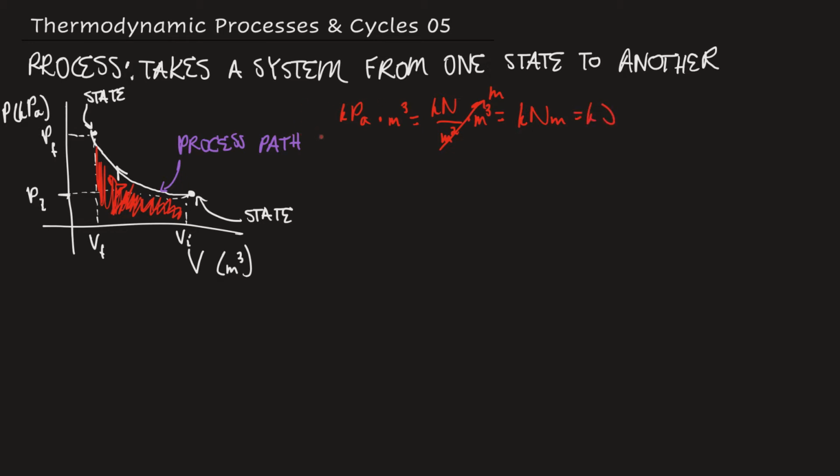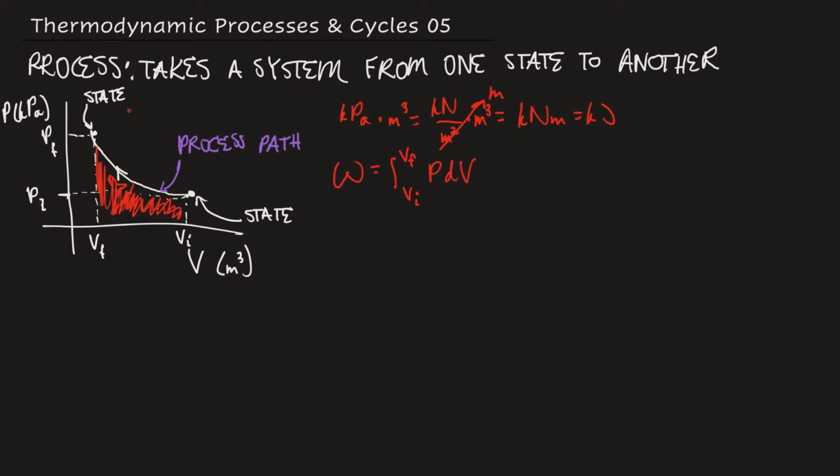And joules is the unit of work, so we know that the integral of this curve, which is called a process path, inside of what's known as a PV diagram, or a pressure-volume diagram, is equal to the integral from the initial volume to the final volume of the pressure times the change in volume.